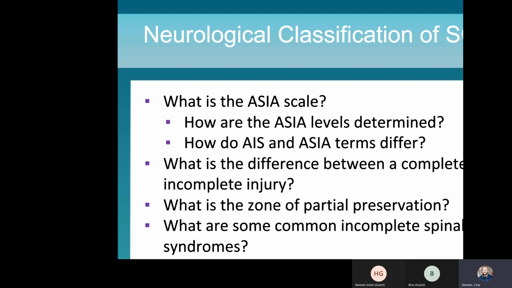The next one is the central cord syndrome. Most of the time when you think about a spinal cord injury, you think the person may still have some movement or sensation in the upper extremities, but nothing in the lower. The central cord syndrome is the opposite of that.